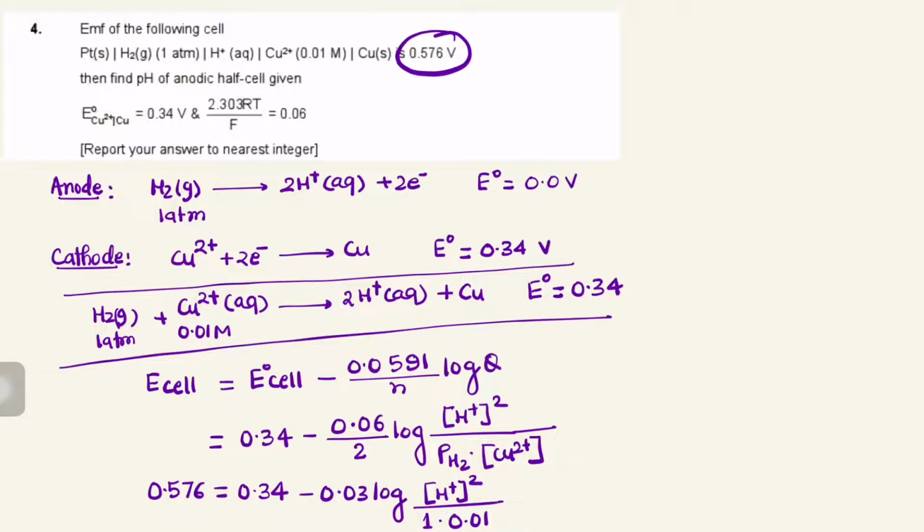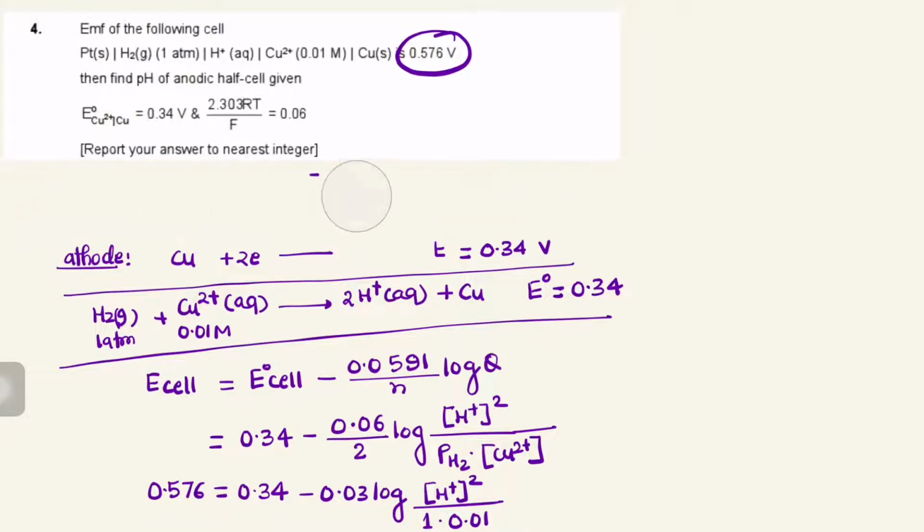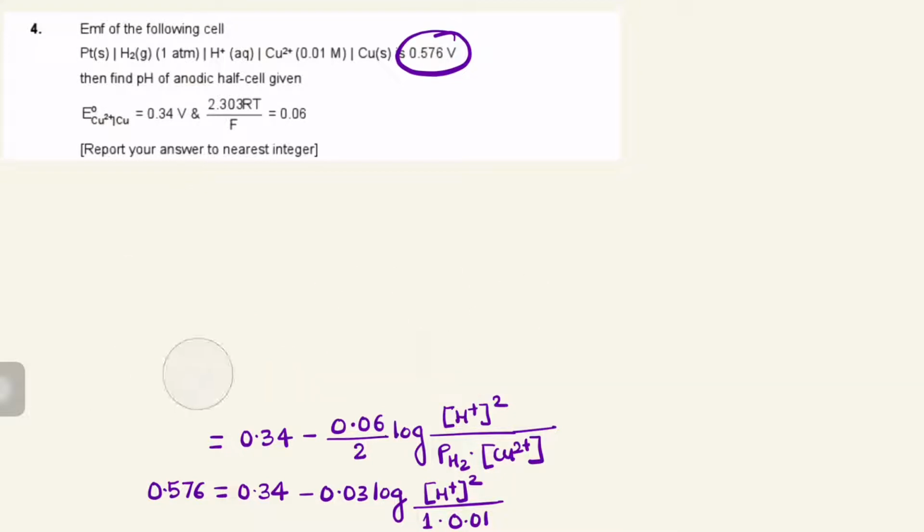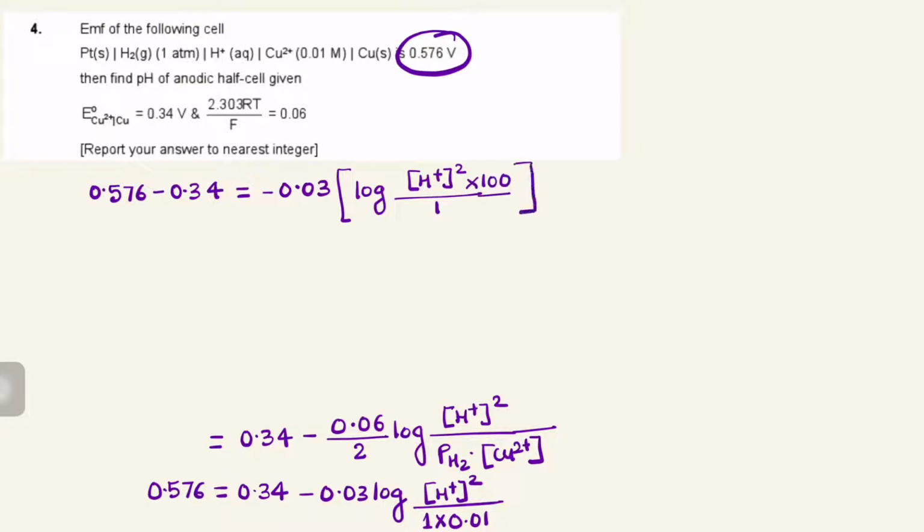So let me further solve it here. So it will be 0.576 minus 0.34 equal to minus 0.03, and now this part, it is how much? Log H plus concentration square divided by 1, and this will go to numerator, that is 100.